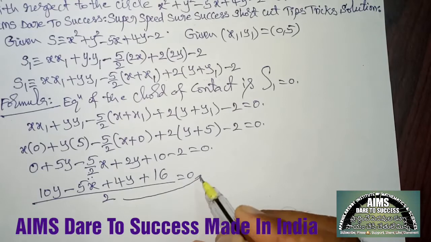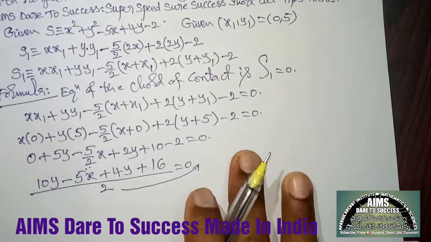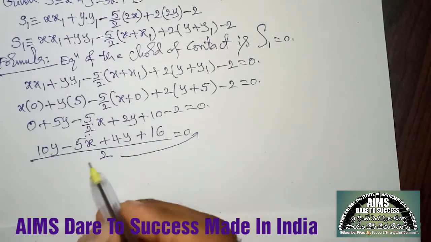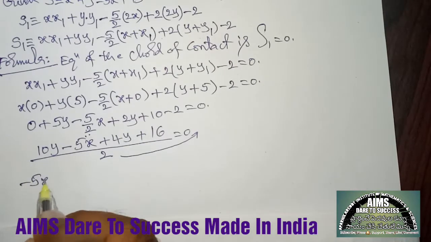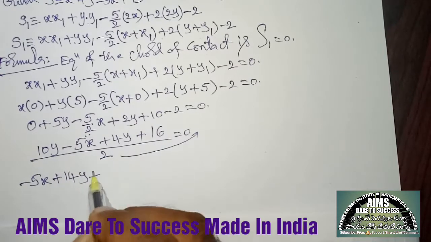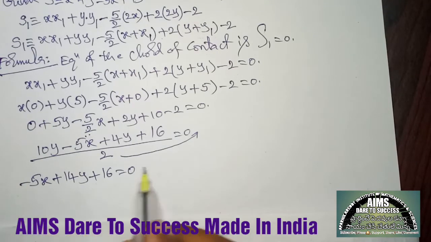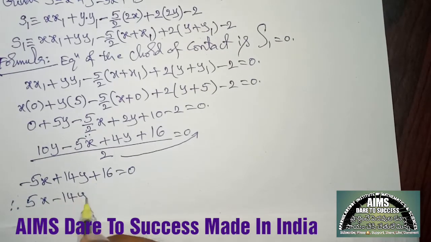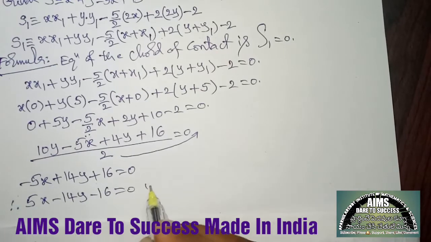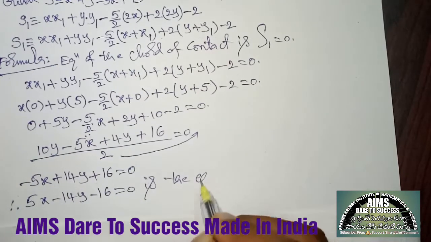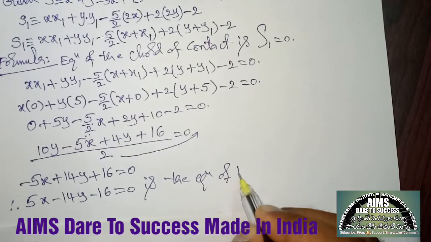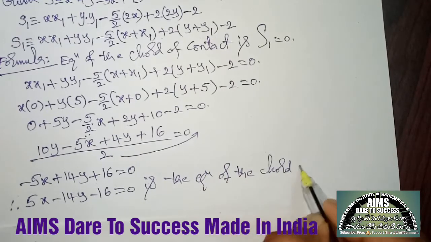This value coming into the right side, 0 into 2 is 0. So minus 5x as it is, 4y plus 10y is 14y plus 16 equal to 0 into 2 is 0 only. I am taking minus common, and that minus coming to this side, we get 5x minus 14y minus 16 is equal to 0, is the equation of the chord of contact.